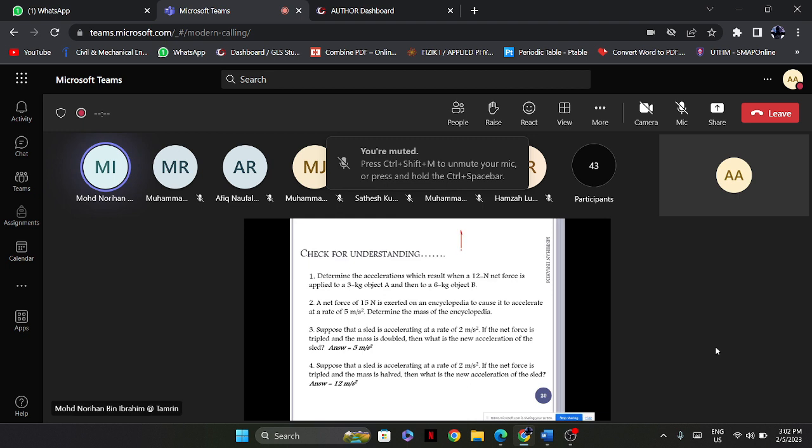So this is object A. Result when a 12 Newton net force is applied.